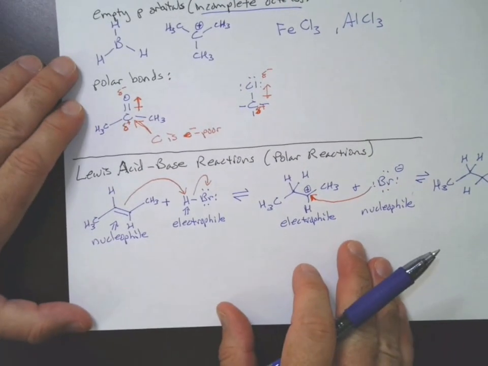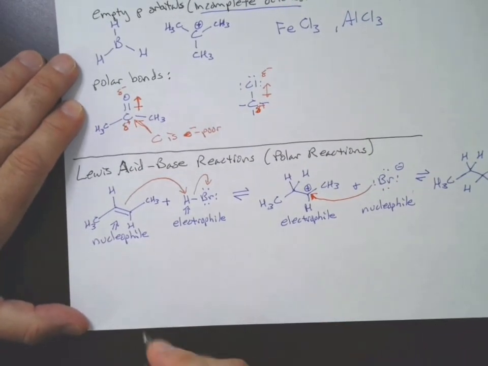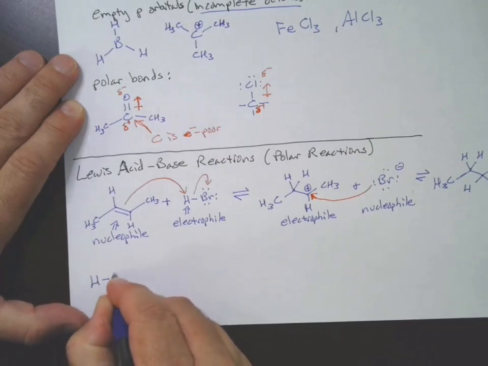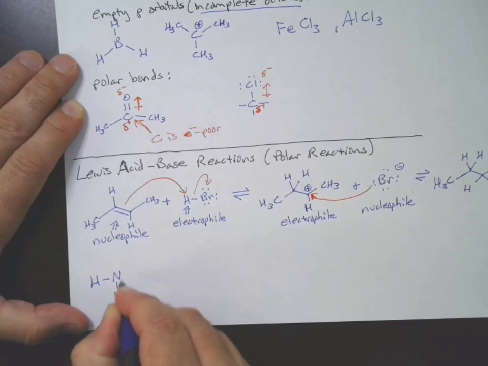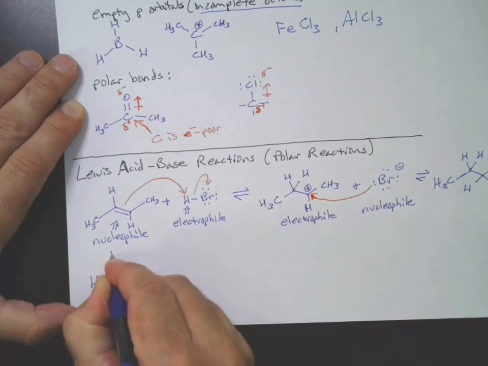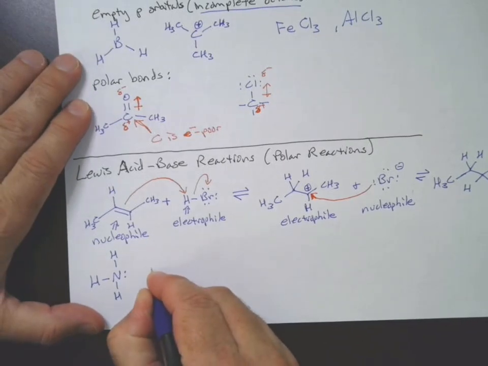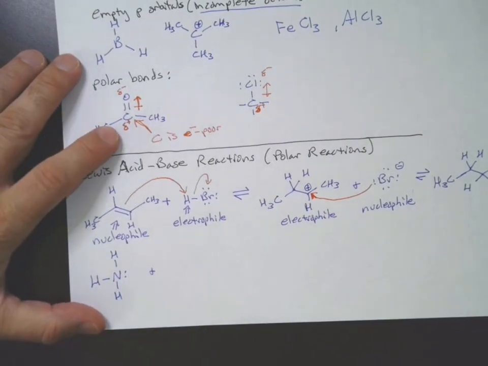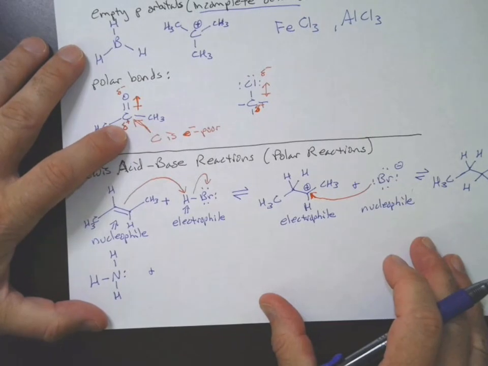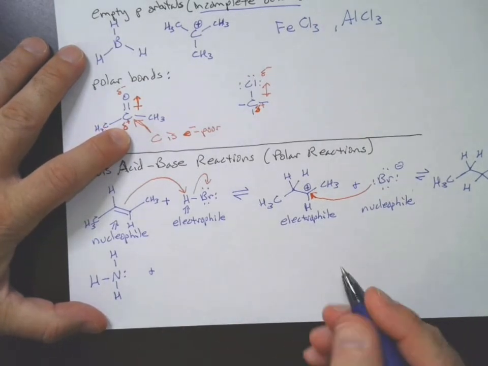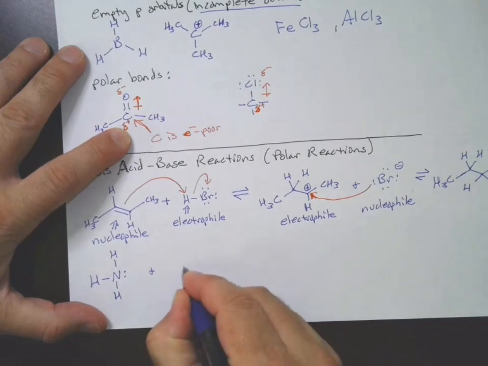One more example could be something like, let's say we had NH3, and we react that with, let's see, what should I do here? We'll just do a carbocation, why not?